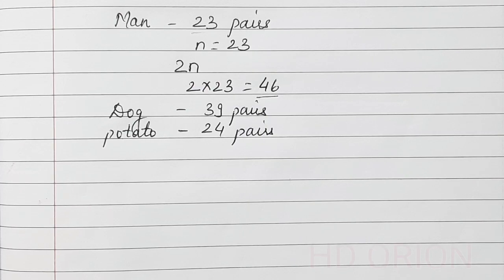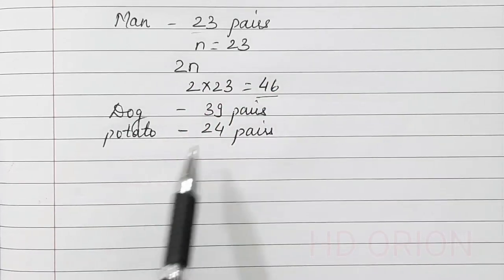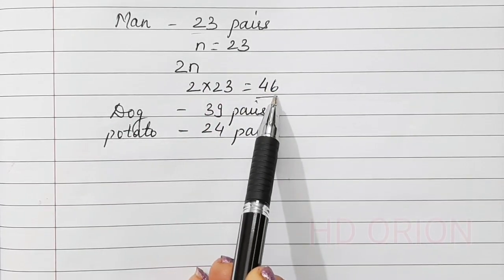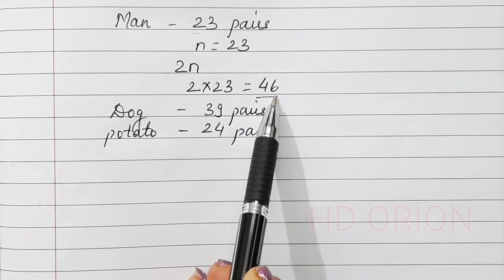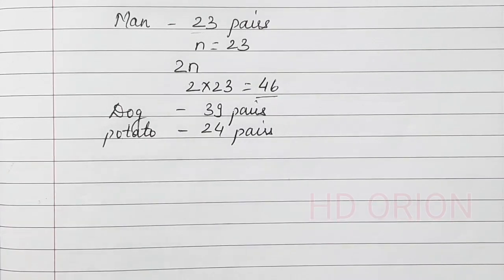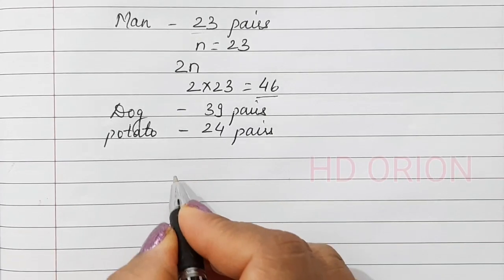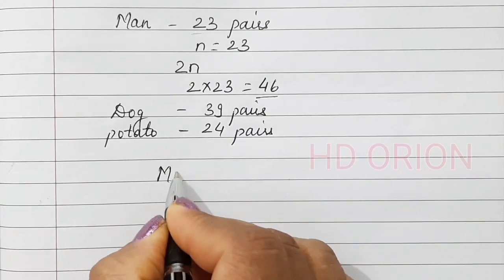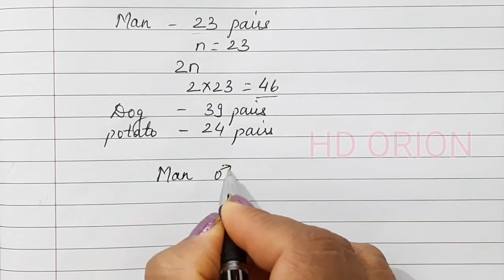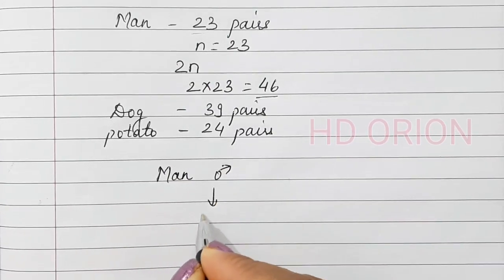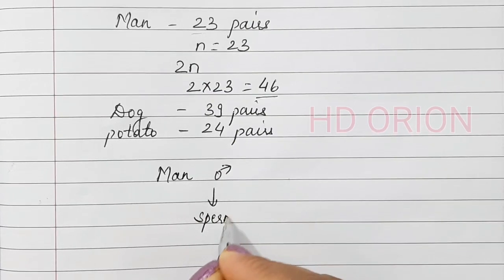Since each cell has the diploid number of chromosomes, that is 46, then why is it that during meiosis the reduction has to take place? The gametes are always haploid in number, and it is so because of fertilization. The male produces the gametes called sperms.